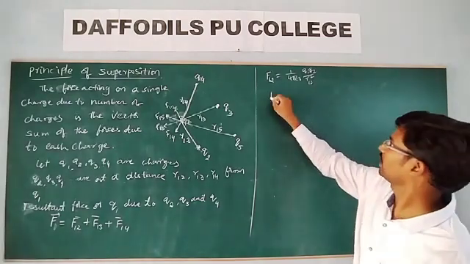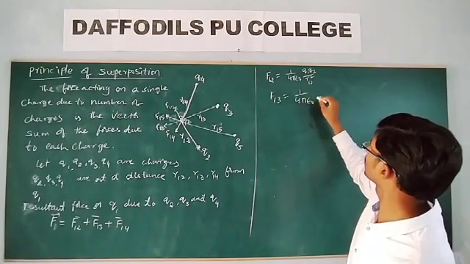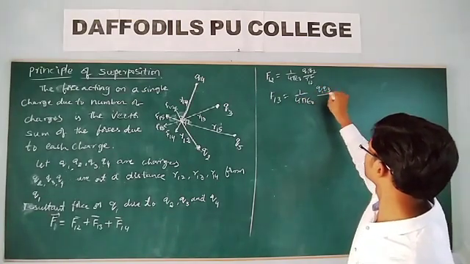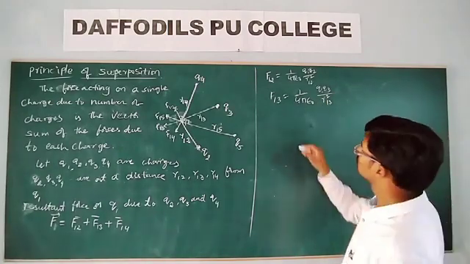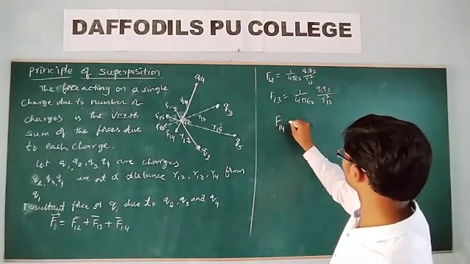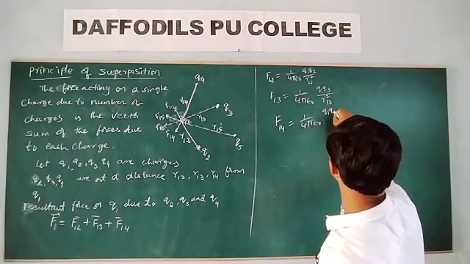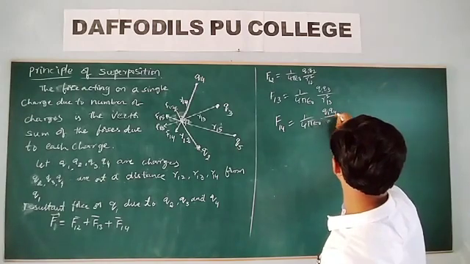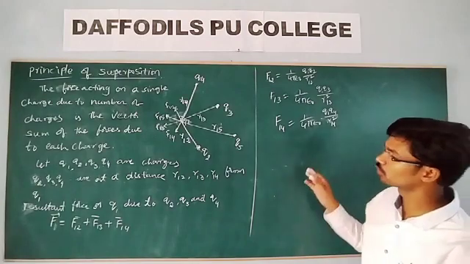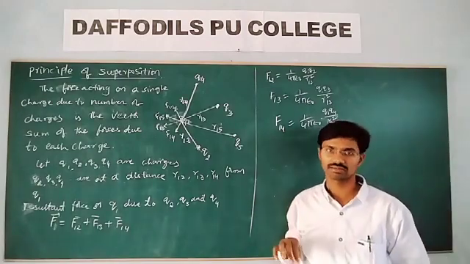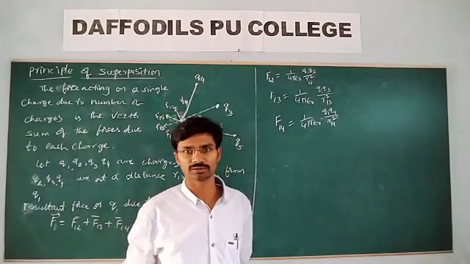Similarly, F13 is equal to 1 by 4 pi epsilon naught Q1 Q3 by R13 whole square, and F14 is equal to 1 by 4 pi epsilon naught Q1 Q4 by R14 whole square and so on. Now we have to take the vector relations. Based on this, let us discuss some examples based on this principle of superposition.